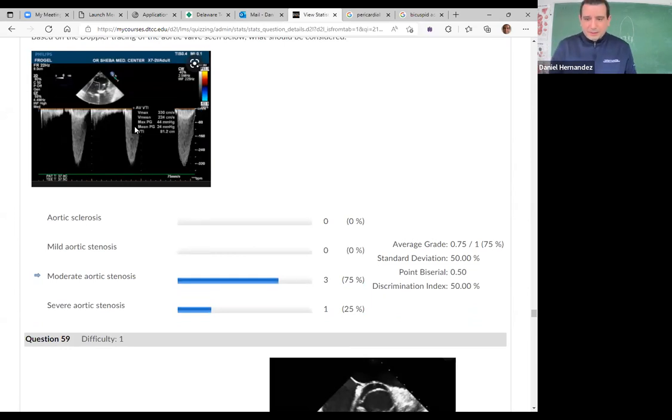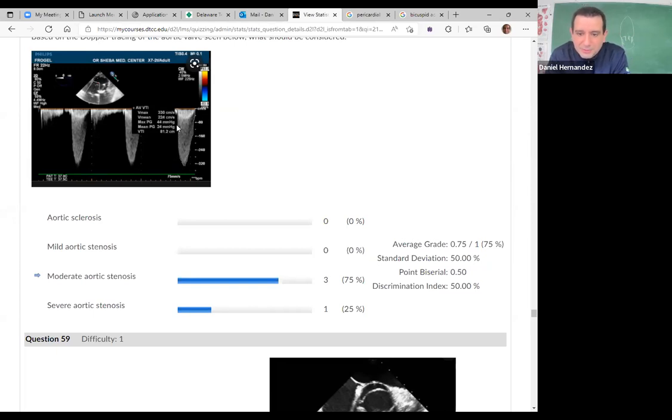So this one, just looking at your velocities, 320. That doesn't quite meet the greater than 4 meters per second. So this is 320 centimeters per second, and if you convert that, it'd be 3.2, or what they measured, 3.3 actually, if you look over here.